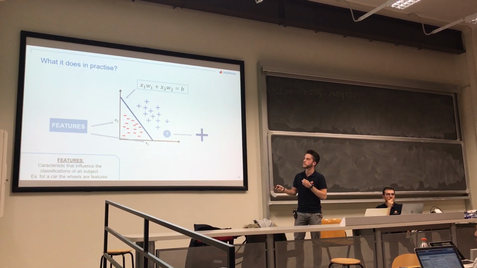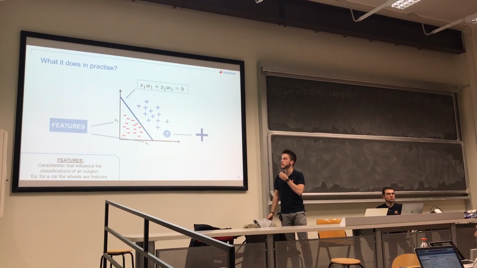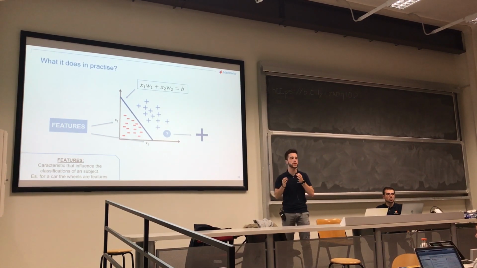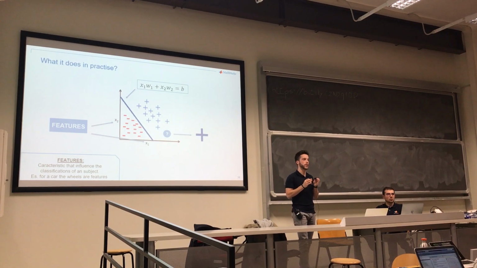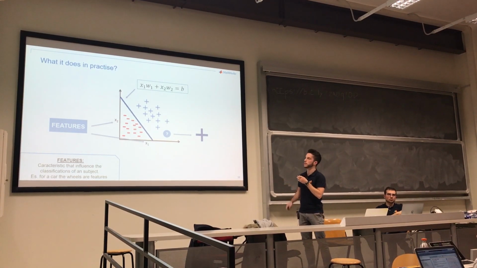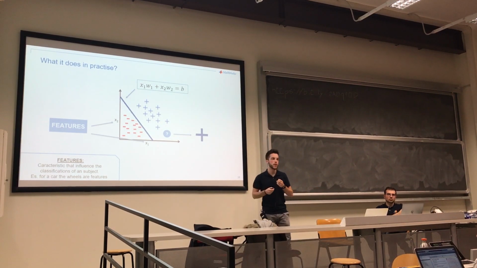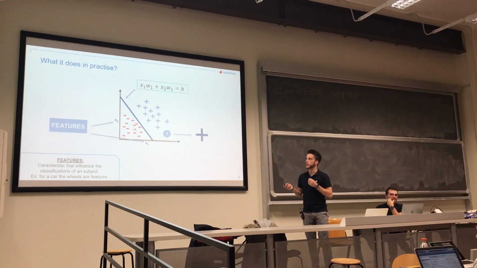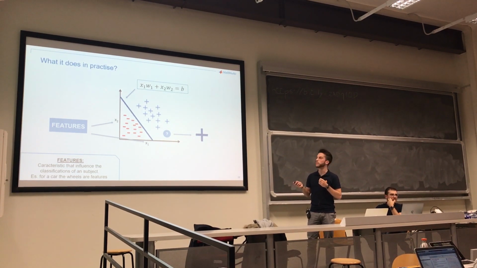And x2, we can think about it as the height of the symbol. So as you can see, the minus symbols are slightly different from each other, but of course they are in this area of the graph, with smaller area and smaller height. The plus will be on the other side. What we can see is that the training algorithm actually hypothesizes a first line. That is not correct, of course.